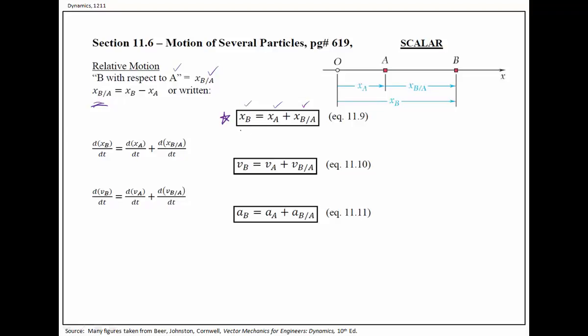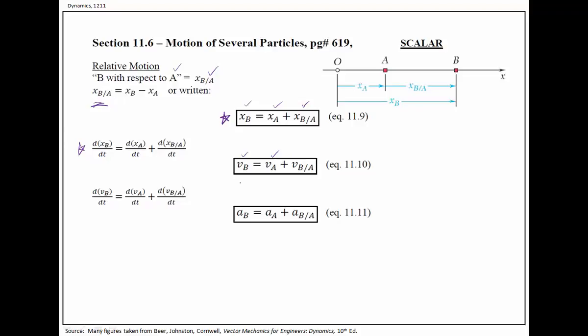So if we take the derivative of this right here, we will find that the velocity of B is equal to the velocity of A, that's our reference, that's like us in the car, plus the velocity of B with respect to A, that's our perceived delta speed.